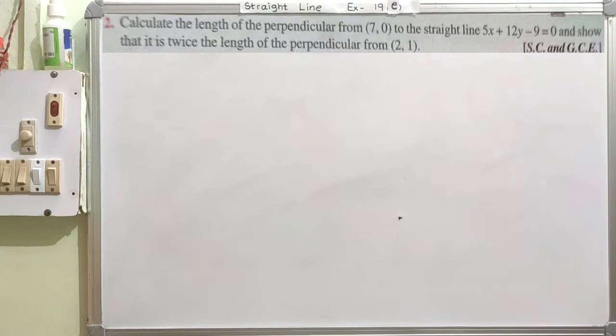Question number 2 is: calculate the length of the perpendicular from the point (7, 0) to the straight line 5x plus 12y minus 9 is equal to 0, and show that it is twice the length of the perpendicular from another point (2, 1).